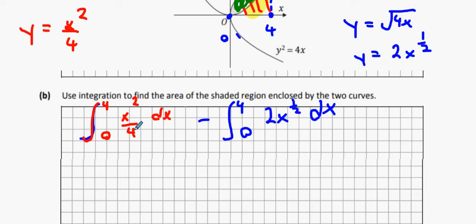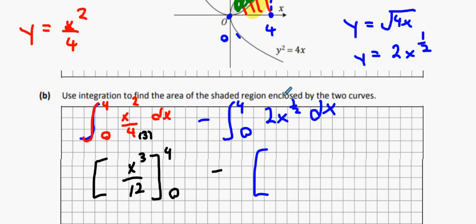Add 1 onto the power and divide by the new power. So it's going to be x to the power 3, and then you're dividing by another 3, so 3 by 4 is x cubed over 12. That's from 4 to 0. And then take away the blue one, which is going to be bring the half to the front, multiply by, sorry, no, it's integrating there.